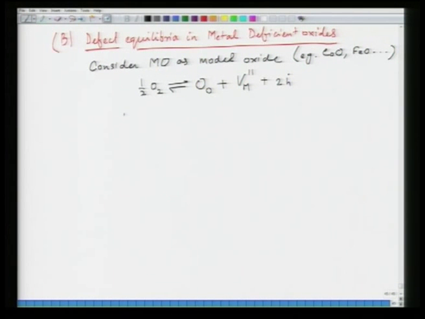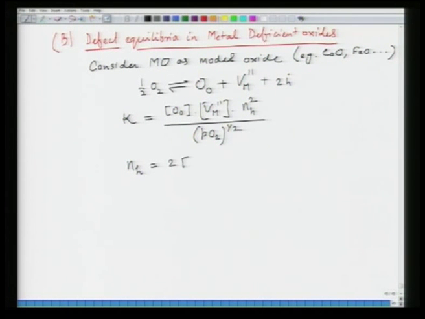And the equilibrium constant for this will be K equal to OO multiplied by Vm double dash multiplied by NH square divided by PO to the power half. Now, we know that from electrical neutrality condition, NH is equal to 2 of Vm.